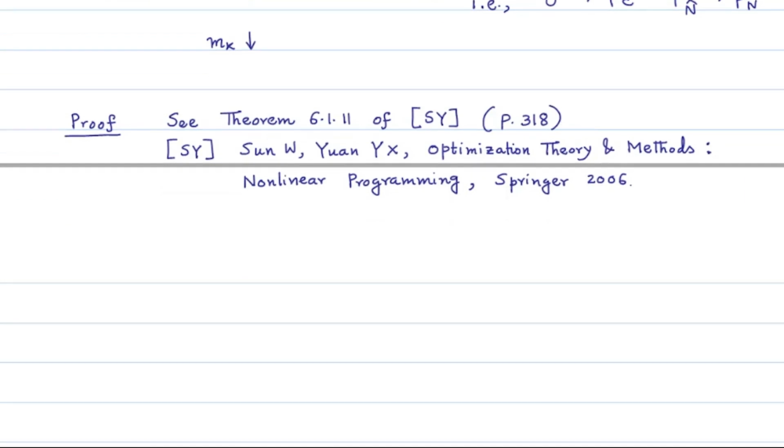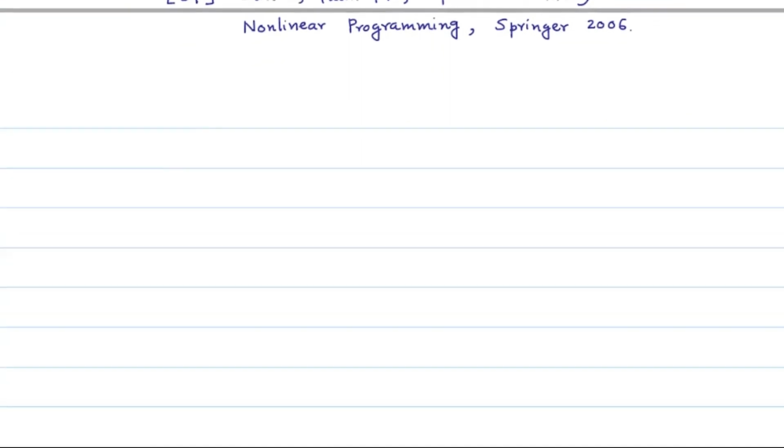Before stating this result, we recall the third standing assumption in discussing the trust region algorithms. It was regarding the Hessian matrix of the objective function. We have assumed that with respect to a matrix norm, the Hessian matrices are bounded by beta for some beta greater than 0.